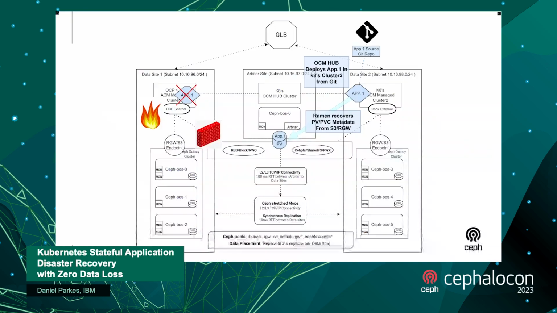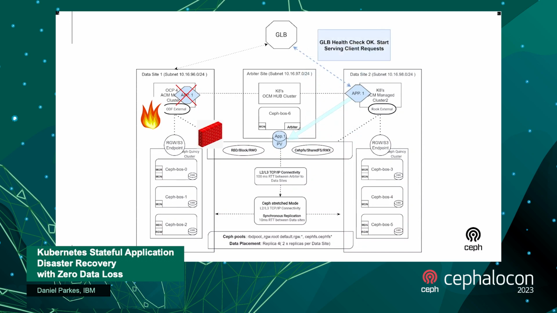So we are going to be able to access the exact same volume that we were accessing on site 1. Because we're doing stretch, we have synchronous replication, so we are not going to have any data loss. We are also able to access that same volume from site 2, and then we will be able to start our application and start serving client data again, no?